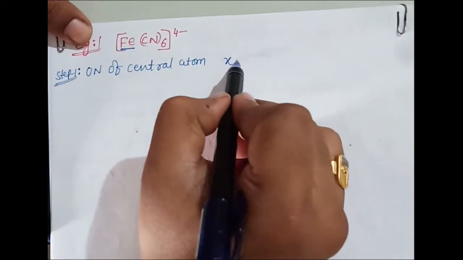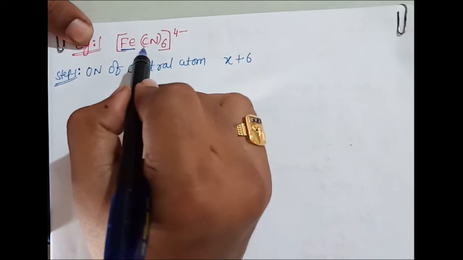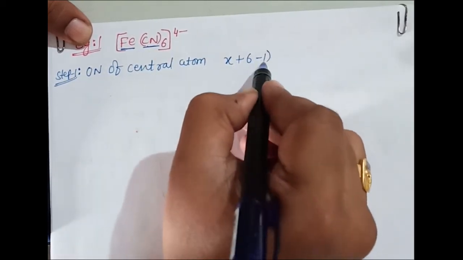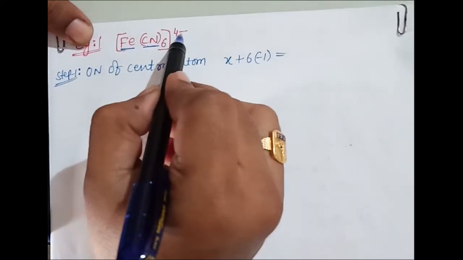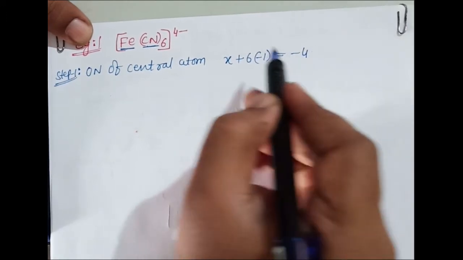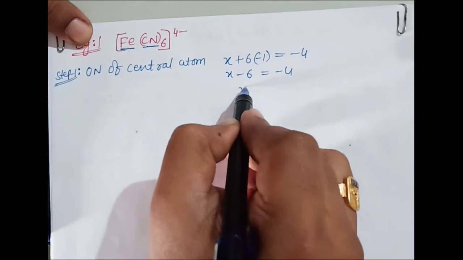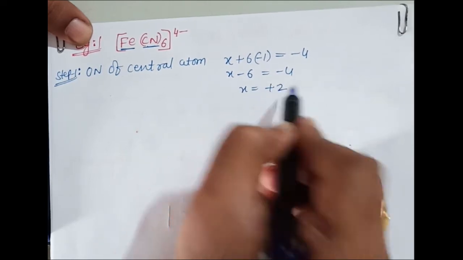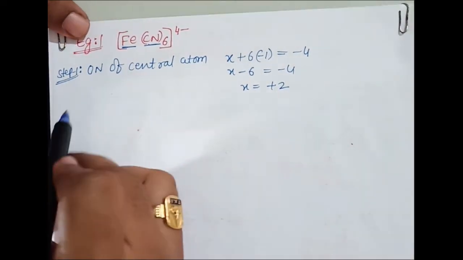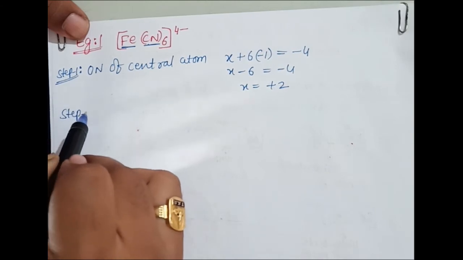CN minus. So 6 times the CN charge of minus 1 is equal to whatever charge is present there, minus 4. So X minus 6 is equal to minus 4. X is equal to plus 2. That is step 1.